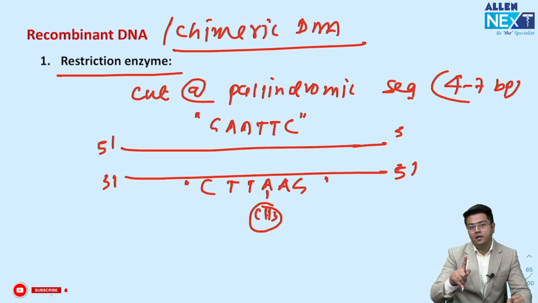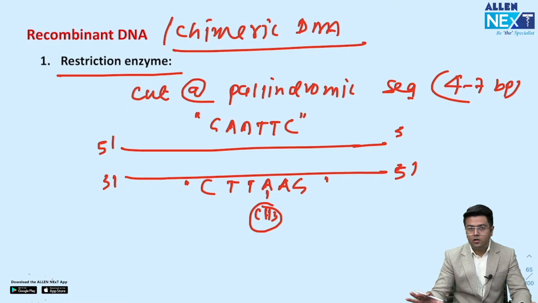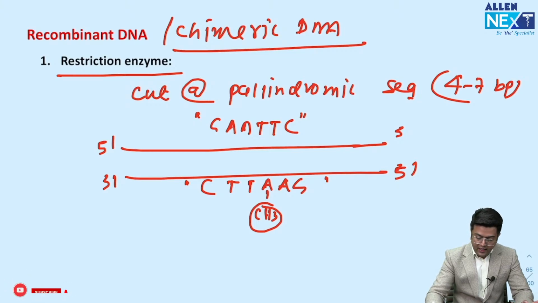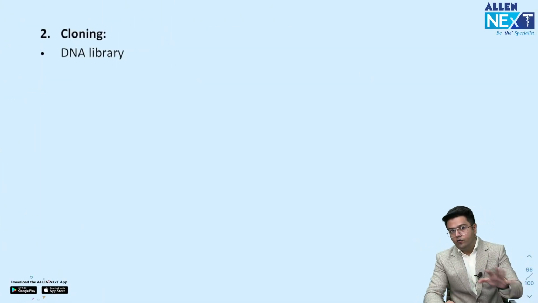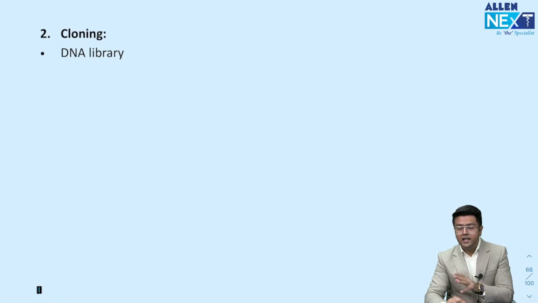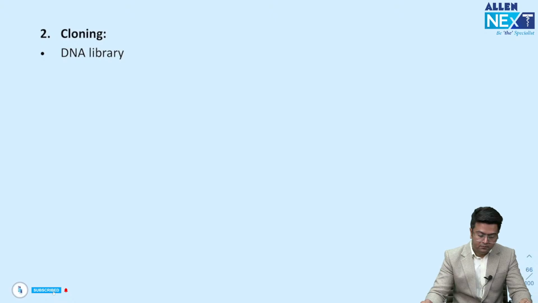MCQ: how does the bacteria avoid the self cut of the DNA? By putting a methyl group. It has a lot of importance. And they are named like EcoRI, derived from E. coli.